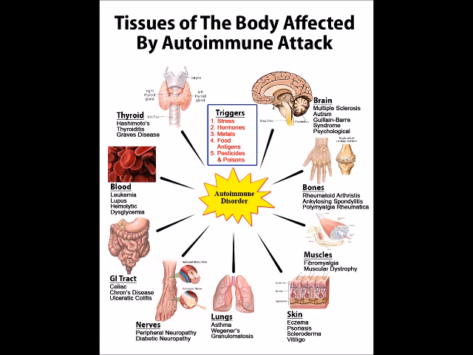Anybody seen any commercials for some of these biologics? Enbrel, Humira, Remicade. They have one now for lupus. Took them a long time. They do have a biologic for lupus now because this is a new way to treat inflammation and autoimmunity and connective tissue diseases. They're very expensive. They're mostly given by infusion or injection.